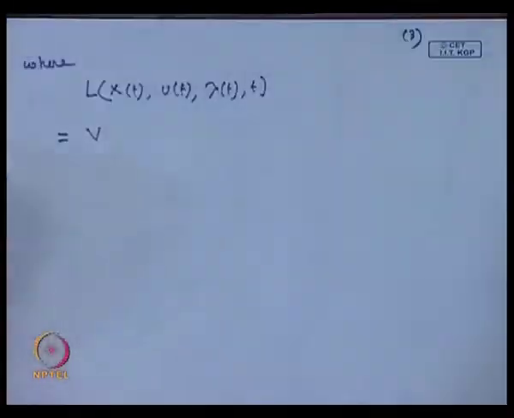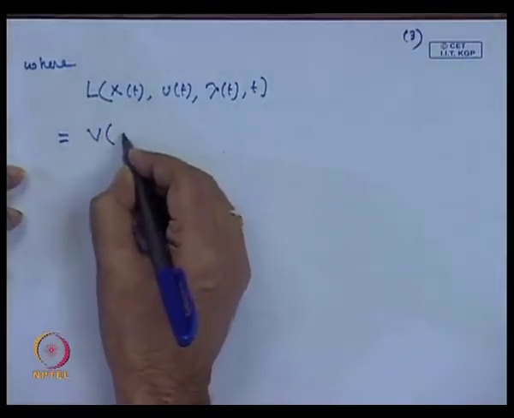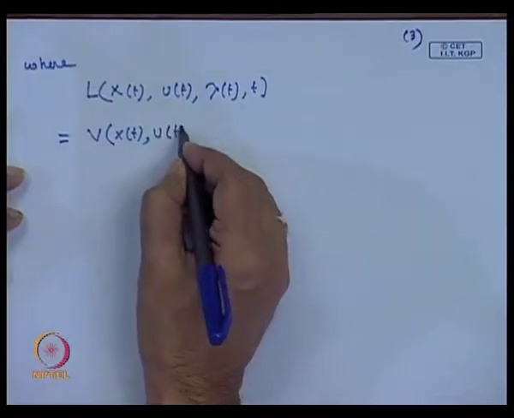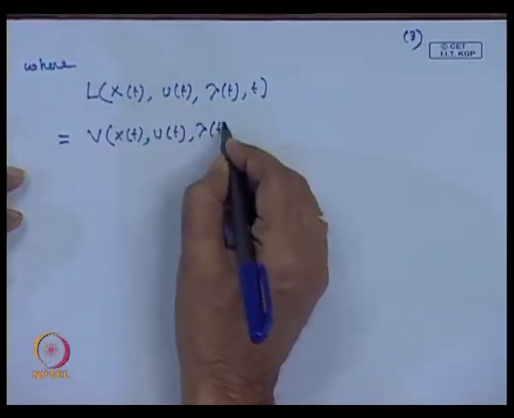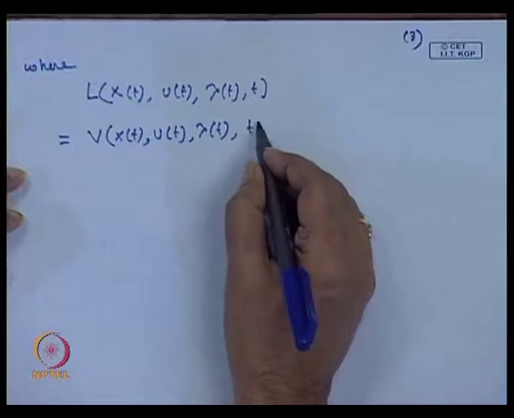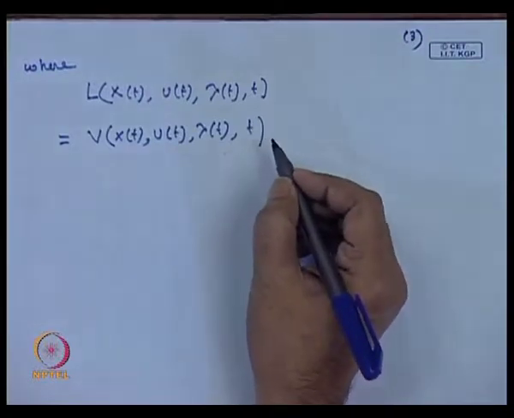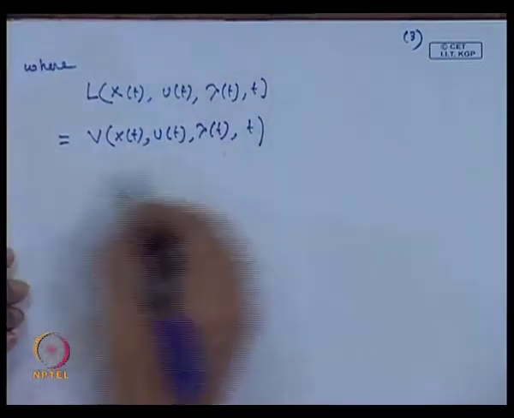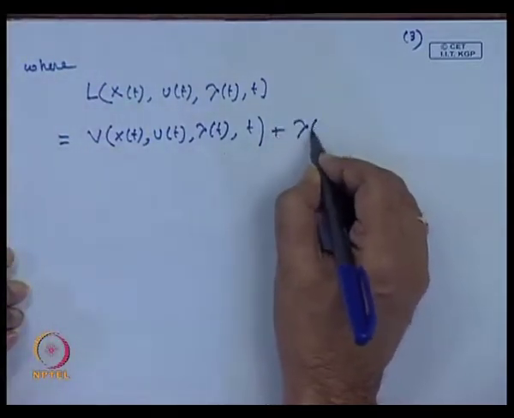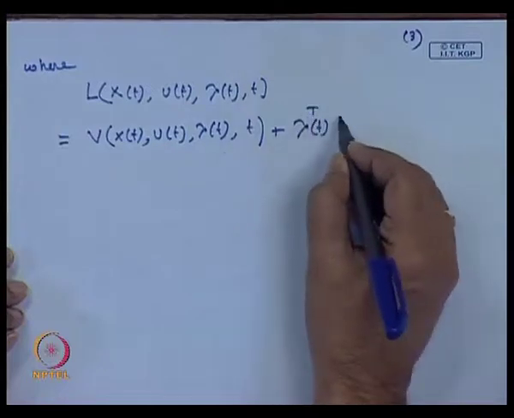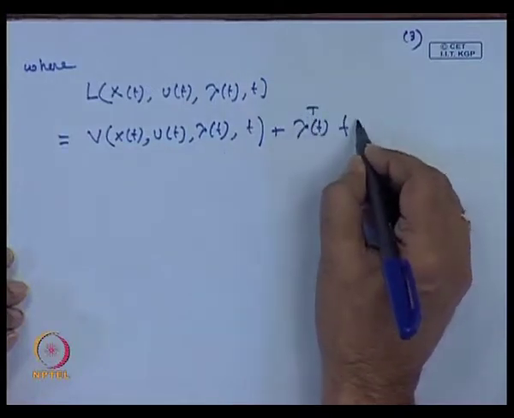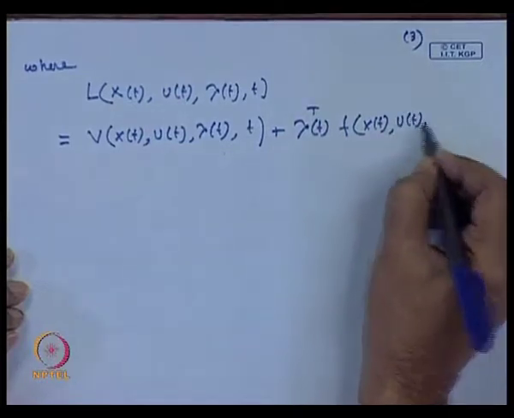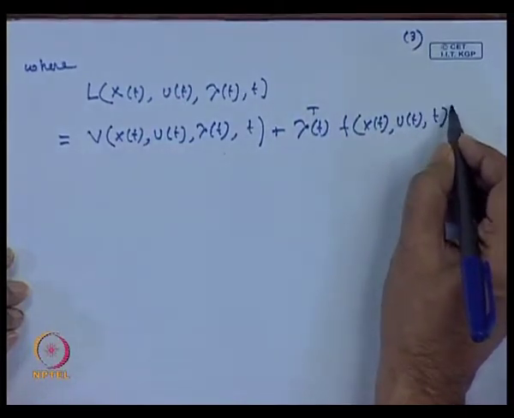So, that is equal to V function of x of t, u of t, t, plus lambda transpose, then f of x of t, u of t, then t, agree.